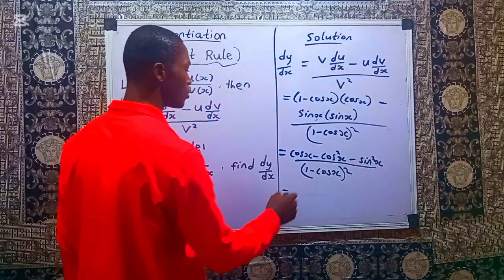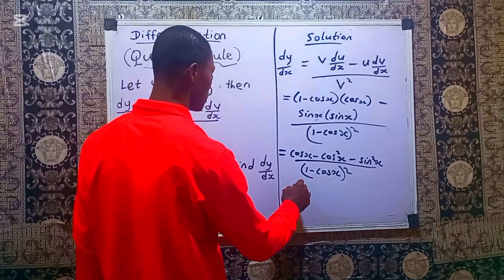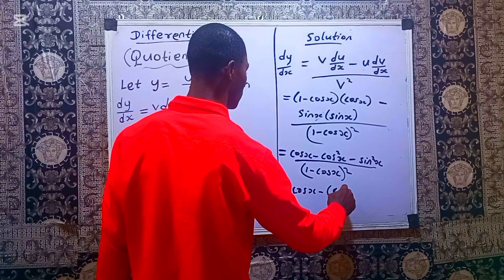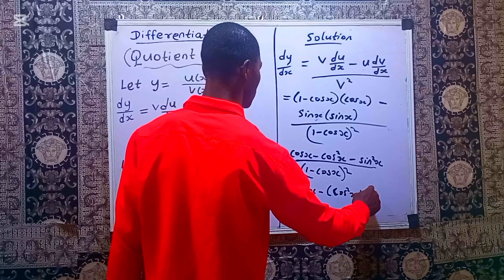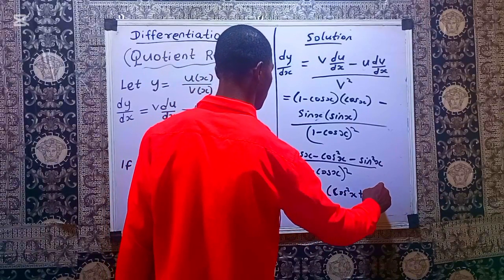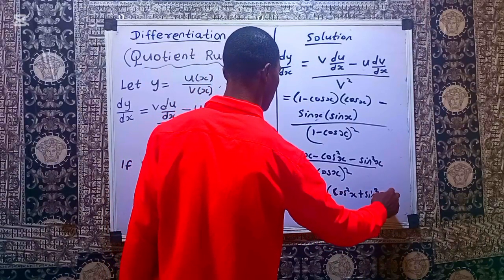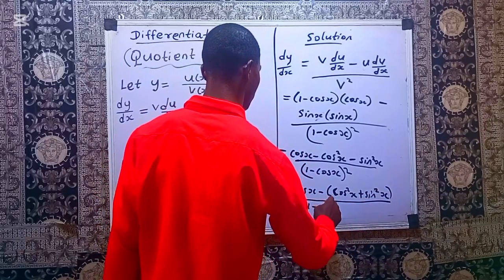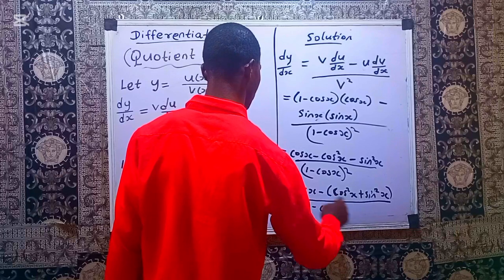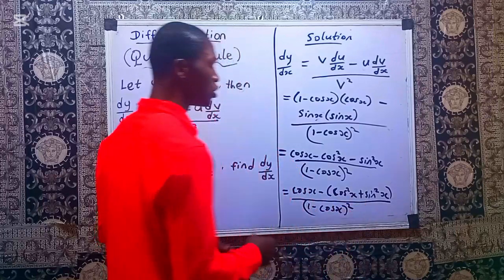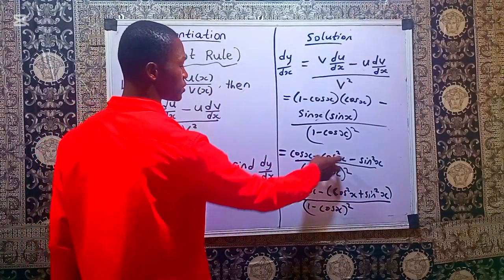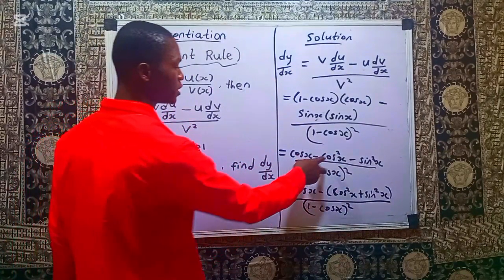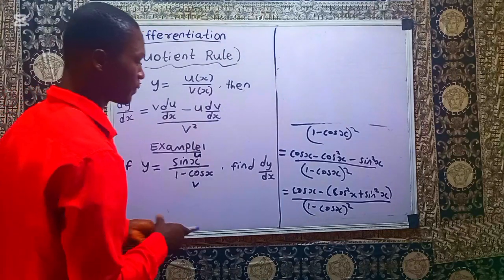Simplifying further, we are going to have cos x minus open bracket cos squared x plus sin squared x all divided by 1 minus cos x all raised to power 2. What I did here, I factored out minus. Minus is common here. I factored out minus from these two terms.